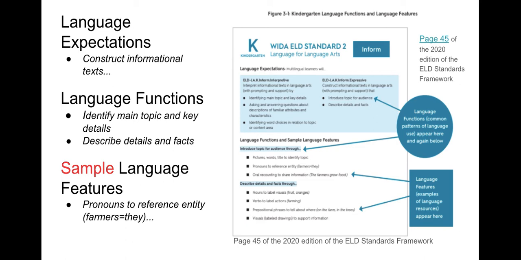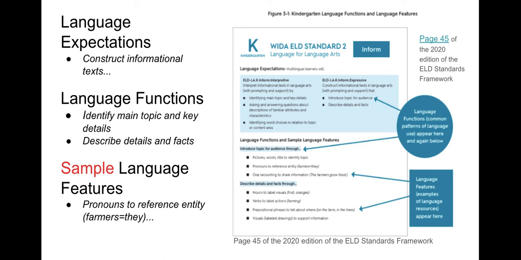So these are ways that students should be able to use this information if they're doing interpretive tasks or expressive tasks. Following that, it goes down into the language functions. These are common patterns of language use. So in this example, it's describe, it's introduce.